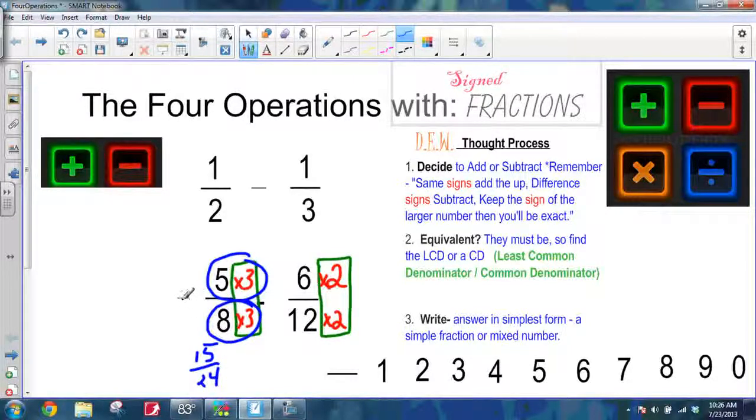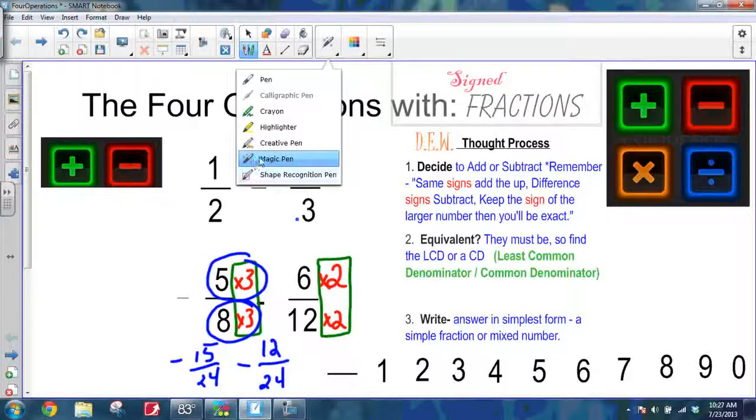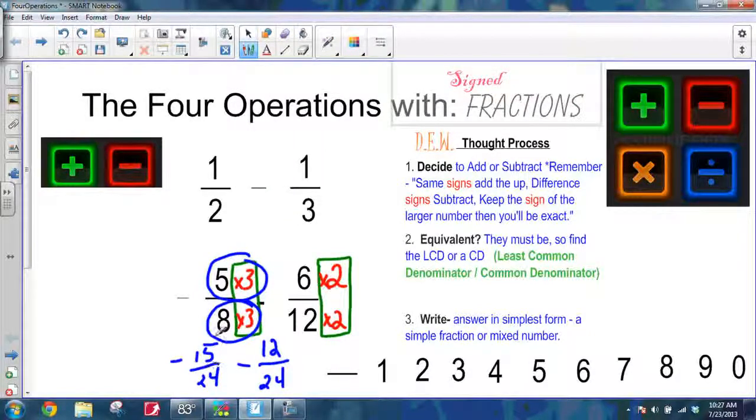And don't forget that it was already negative. And this fraction, which is negative as well, converts to 12 over 24. Well, sometimes you might be tempted to subtract because you see a subtraction sign, but remember, we're adding because we have the same signs.